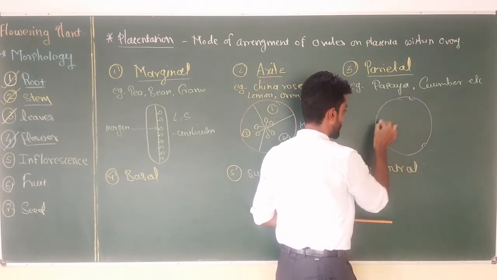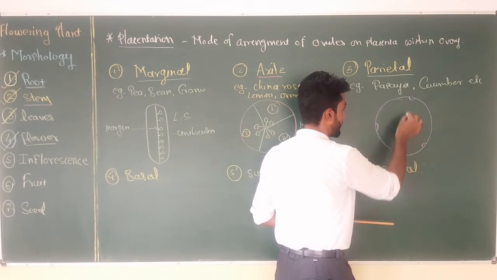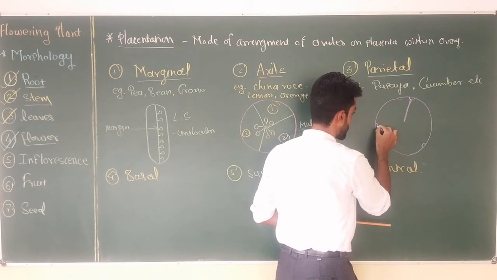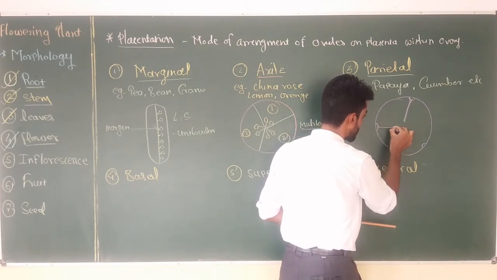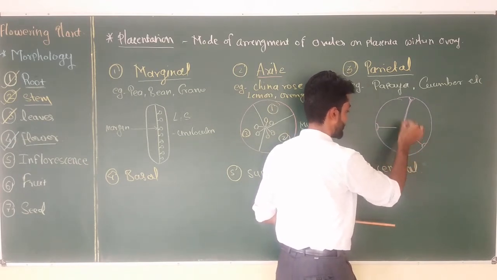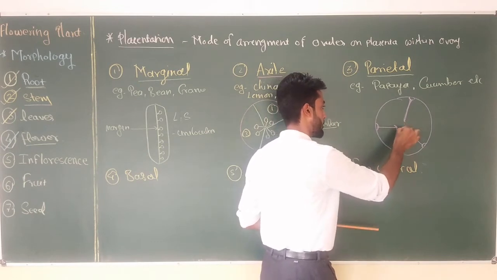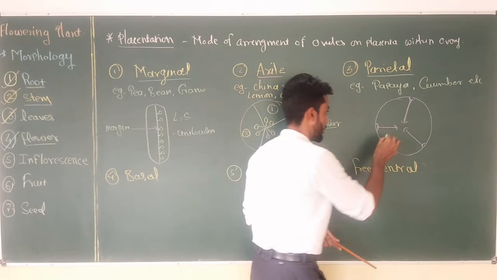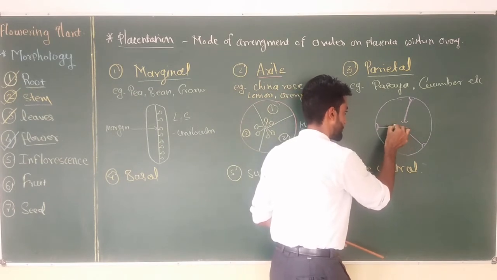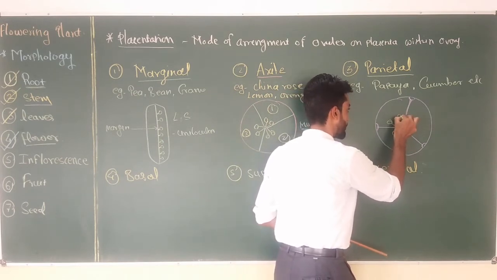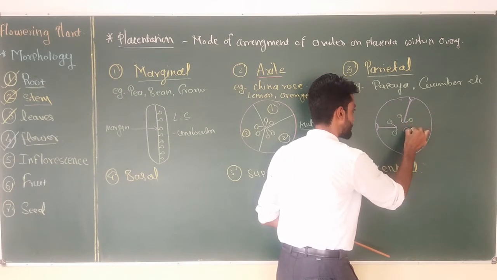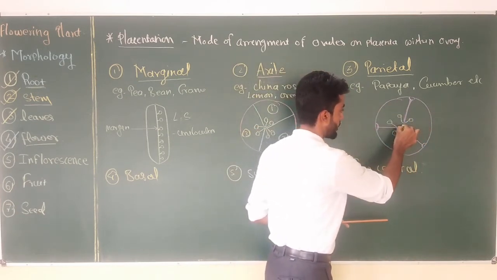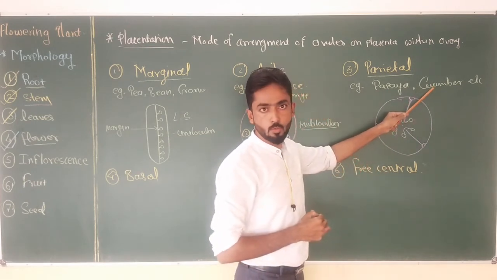So these are the different points from which placentas arise. This is the placenta, and now they grow towards the center. Now ovules are produced on this placenta like this. This type of arrangement is observed in the case of cucumber.